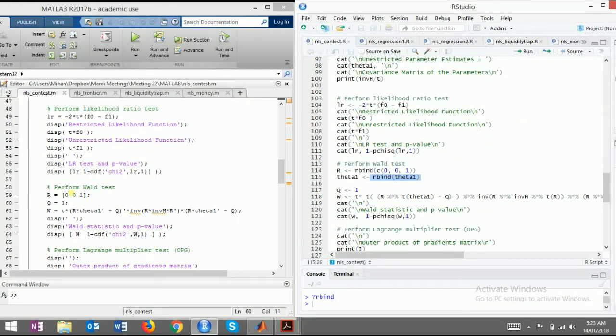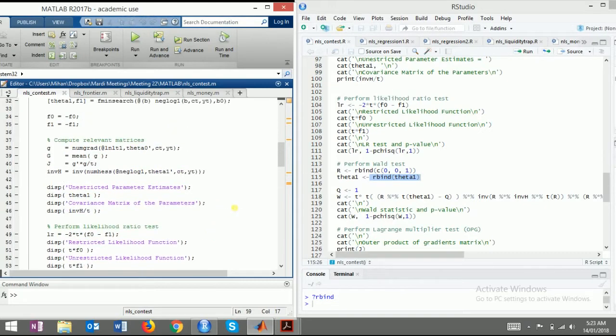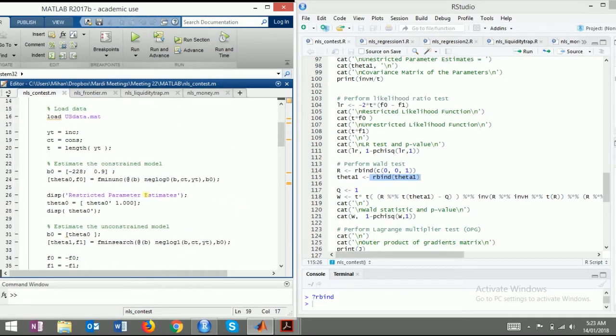So we are converting theta 1 into its transpose, because R is in rows, so rows and columns don't match. Let's have a look whether it is in columns or in rows. Theta 0 is probably in columns.